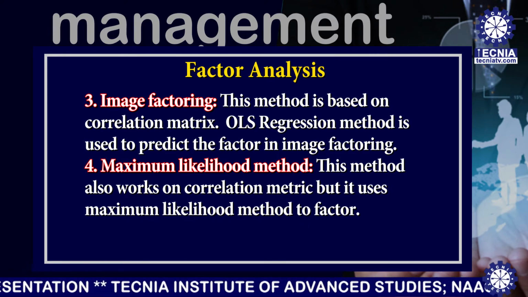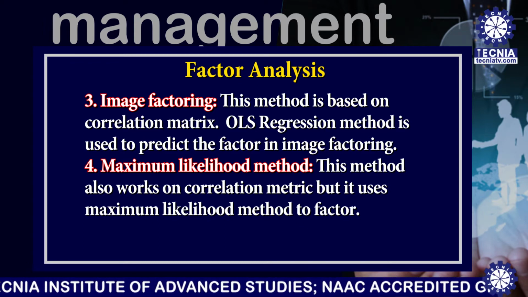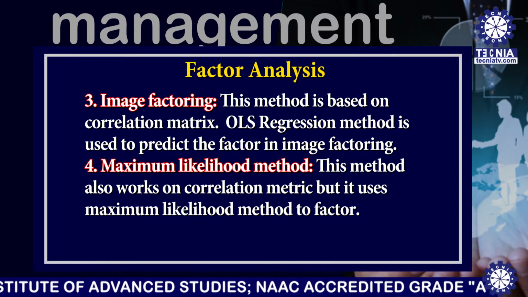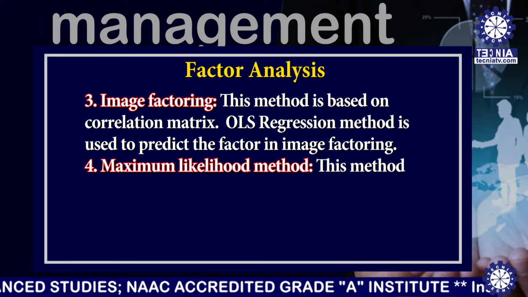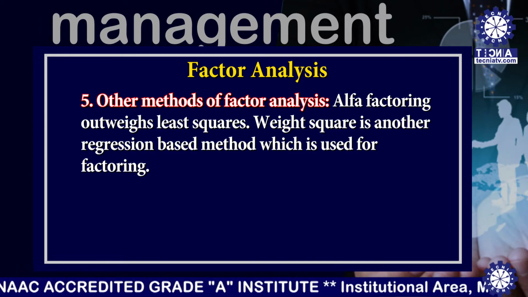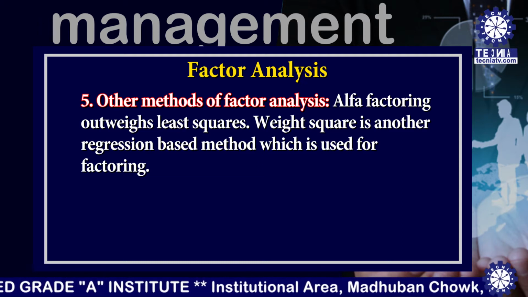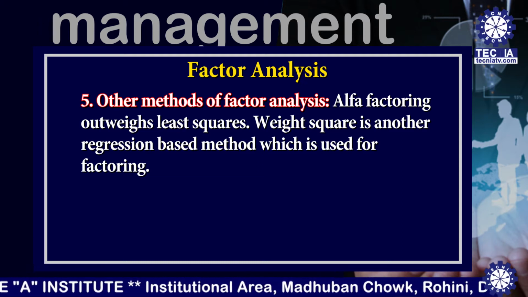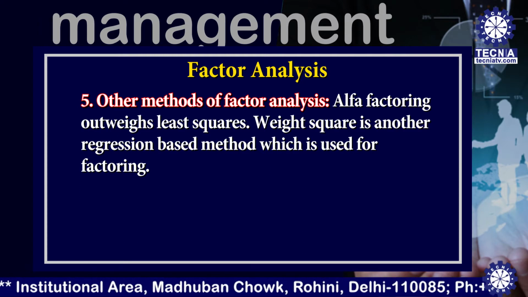This method also works on the correlation matrix, but it uses the maximum likelihood method to factor. Fifth one, which is other methods of factor analysis. Alpha factoring and least squares. Weighted least squares is another regression based method which is used for factoring.